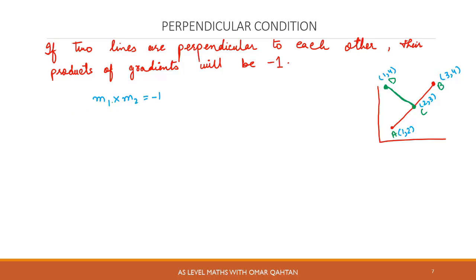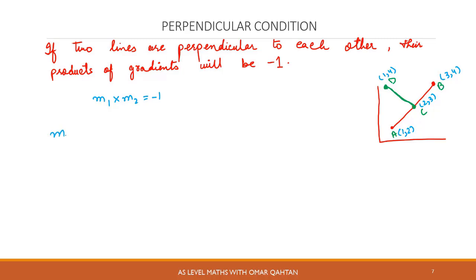If the two lines, like line L1 and line L2, in this case we have two lines, line AB and line CD. As we can see over here, this line CD is perpendicular to AB. So let's see if we can prove it with our gradient formula.